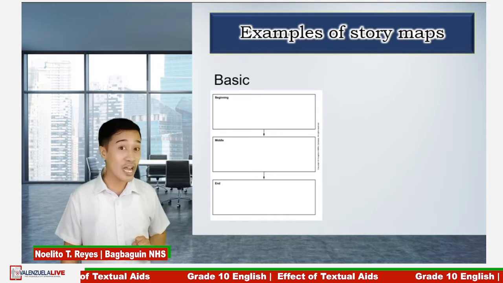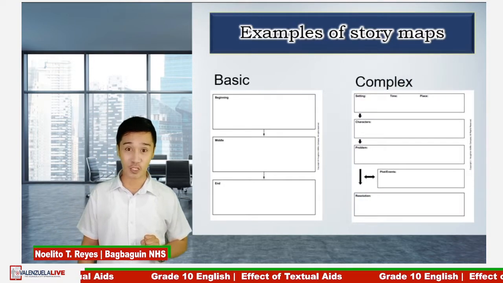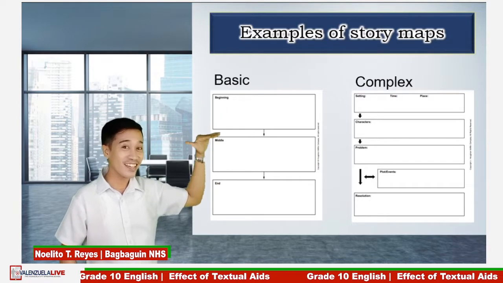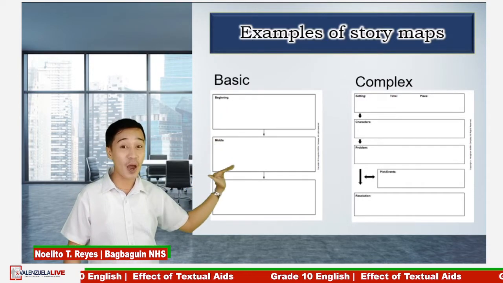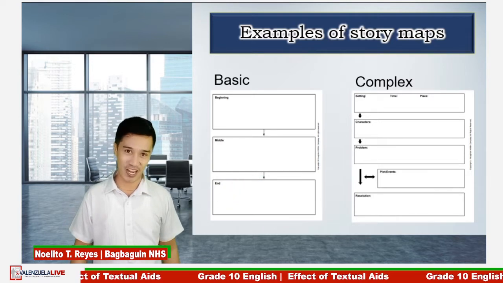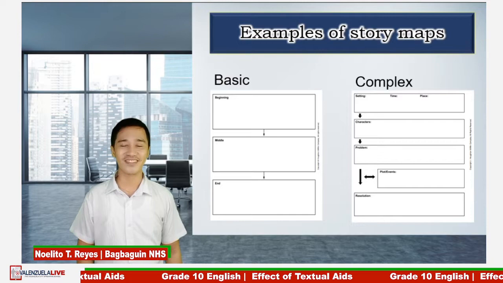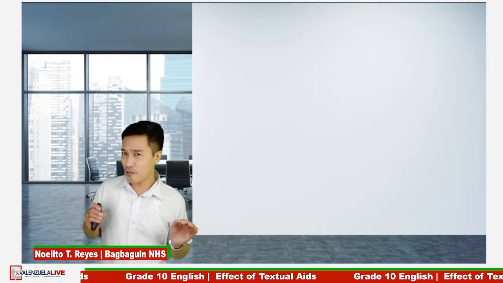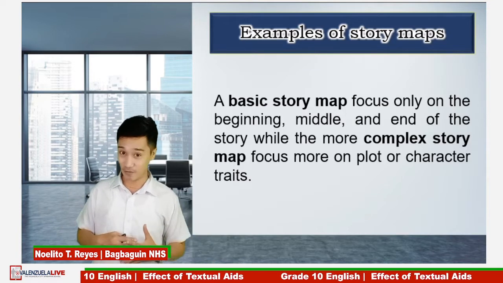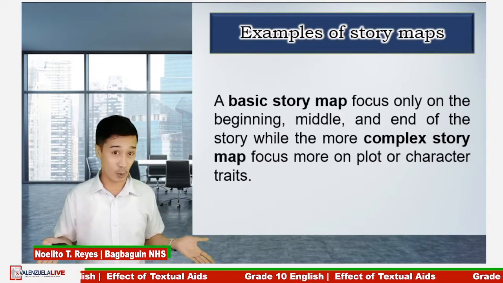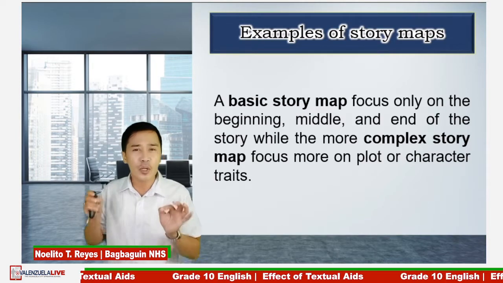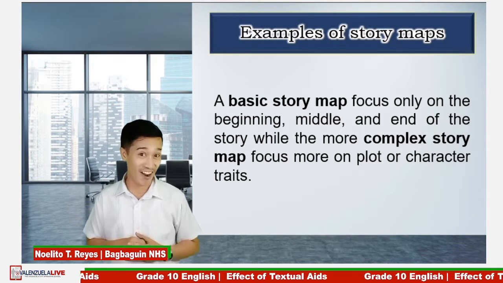While a more advanced story map focuses on setting, the time and place, characters, the problem, plot events, and the resolution. A basic story map focuses only on the beginning, middle, and end of the story. While, like what I said, the more complex story map focuses more on plot or character traits.